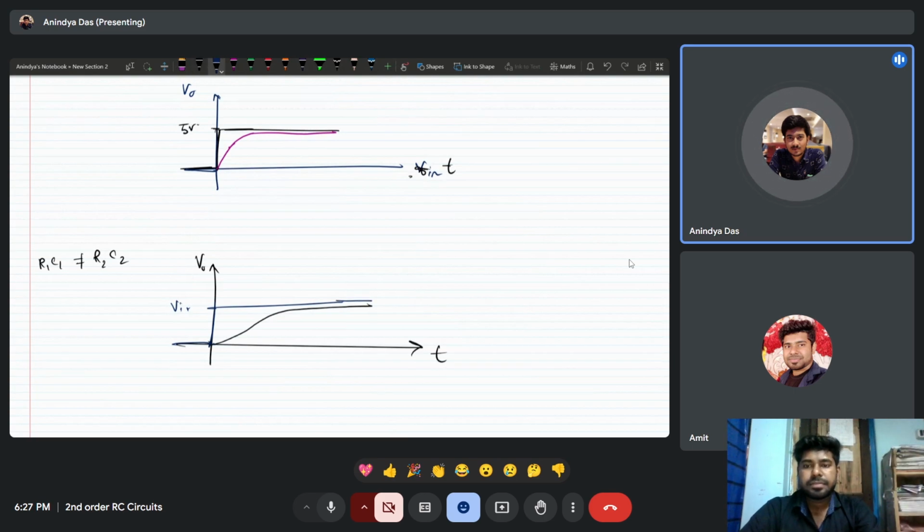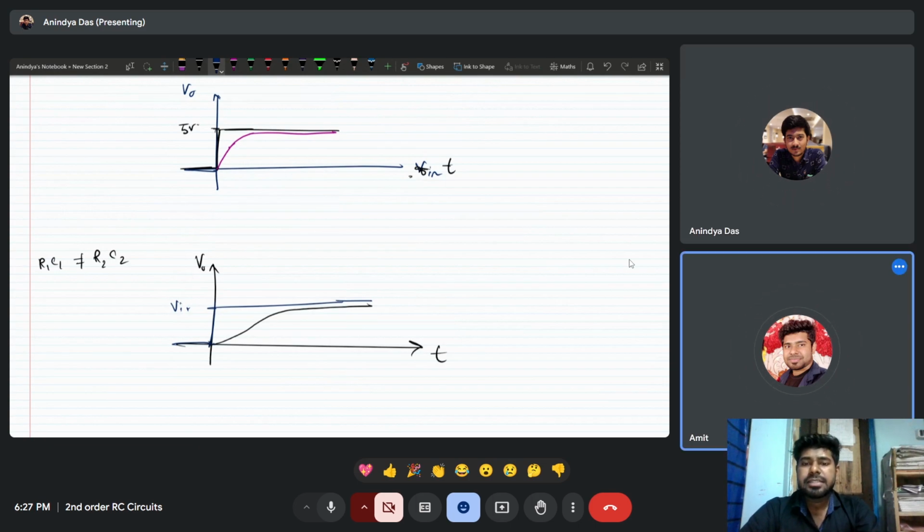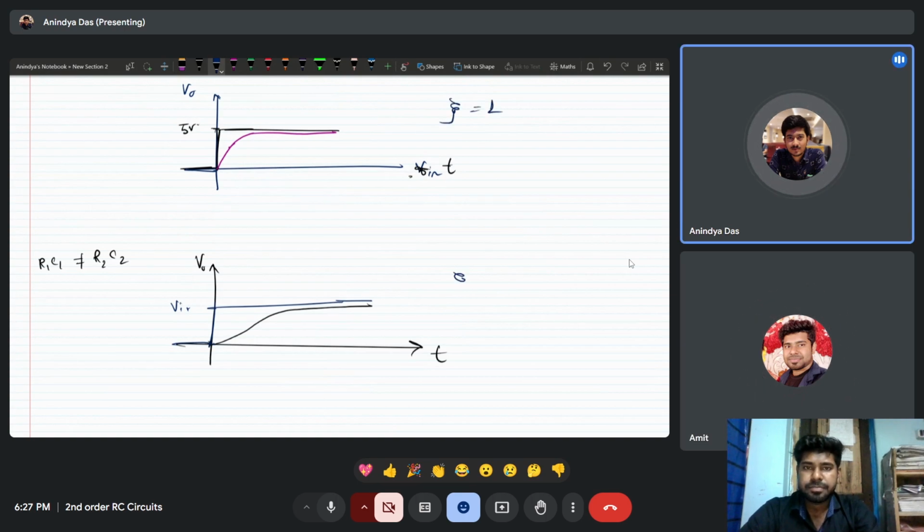This is for overdamped, and the upper one is for critically damped. You can write the zeta values here: zeta equal to 1 for critically damped, and zeta greater than 1 for overdamped.